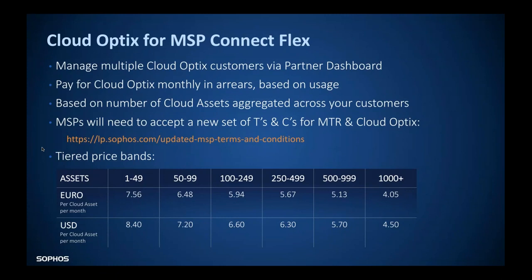Very simple, very straightforward, and follows every other product that we have. It's based on the number of cloud assets in aggregate across your MSP customer base. So if you have 10 customers with 100 assets each, that will fall into the 1,000 asset band. And below, you'll see the pricing.